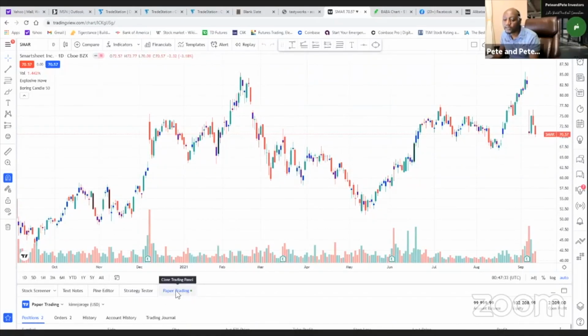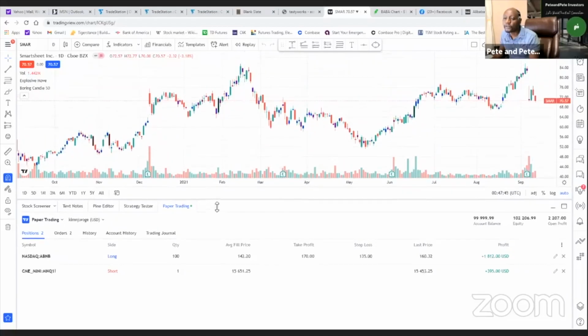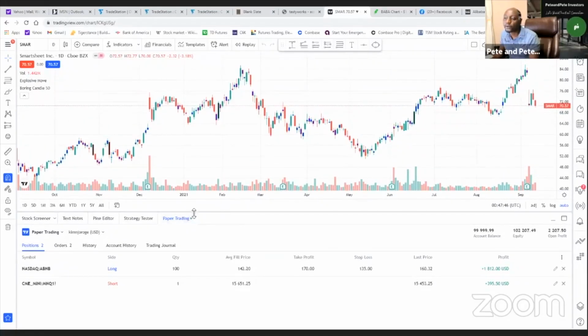And you see down here, this paper trade. So once you click paper trade, you can place trades using this chart or just do an entry if you know what you're doing, whether it's going long or going short.